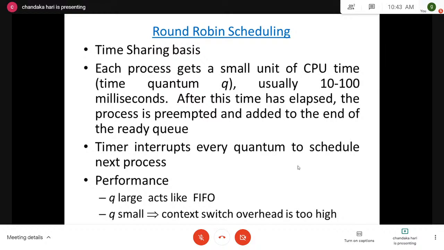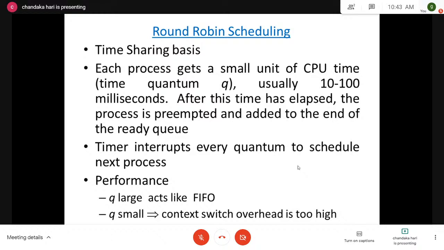Before switching from one process to another process, it first needs to save the status of the current process, where it has been stopped, somewhere in the stack, and again restore it at a later stage. That implies the maximum amount of CPU time is wasted on saving and restoring.